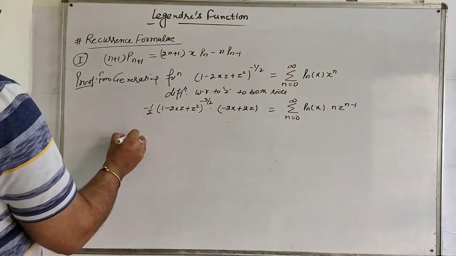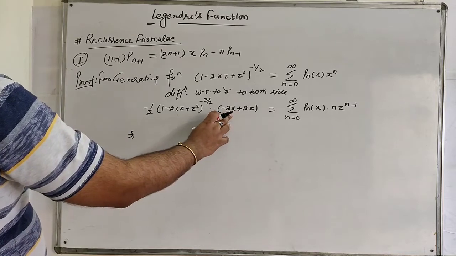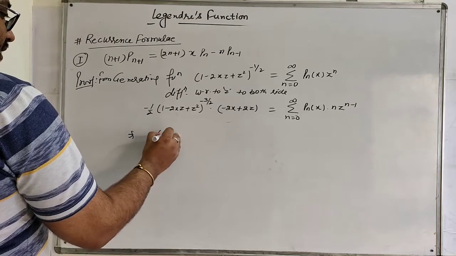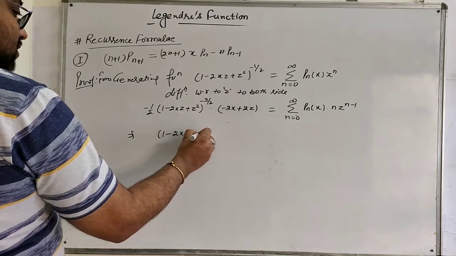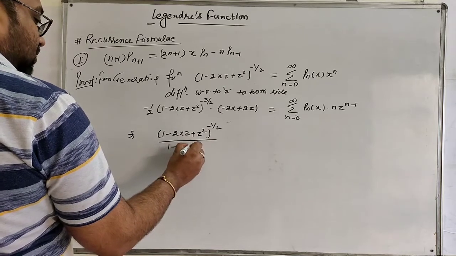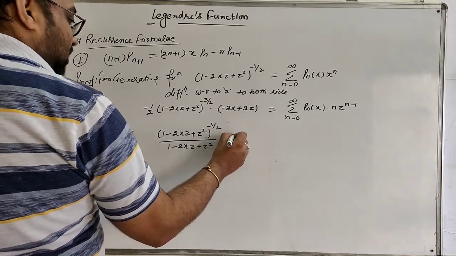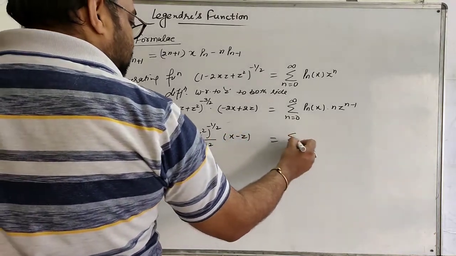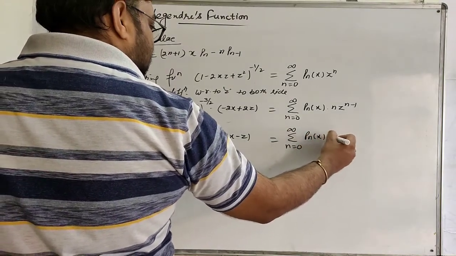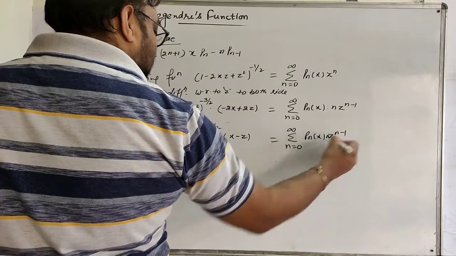Or we can write it as, if we take -2 as common, then -1/2 cancels, and we can write it as (1 - 2xz + z²)^(-1/2) upon (1 - 2xz + z²) into (x - z) equals Σ P_n(x) n z^(n-1).